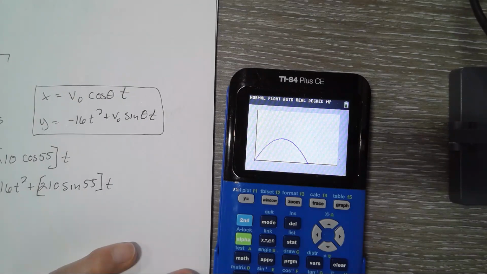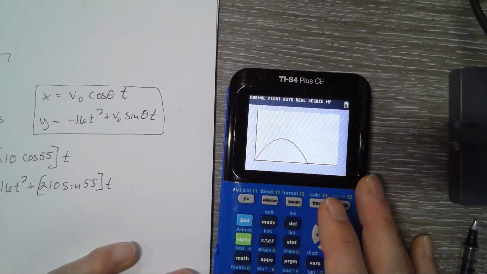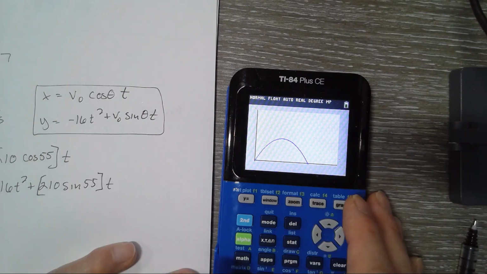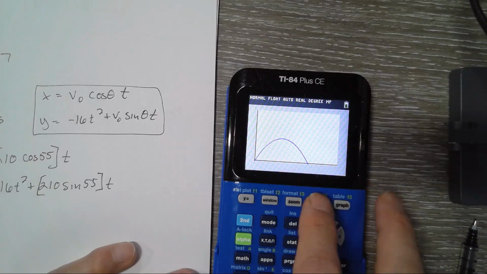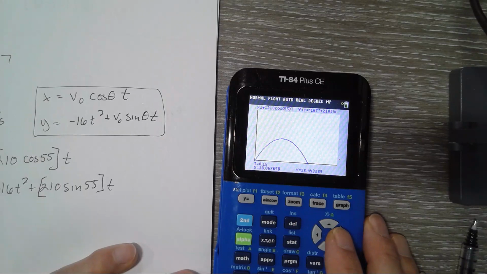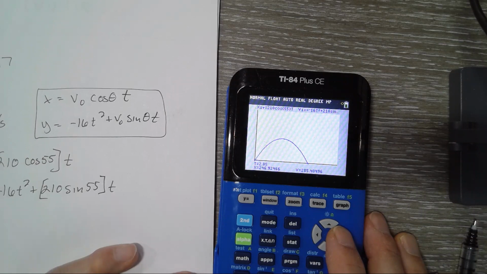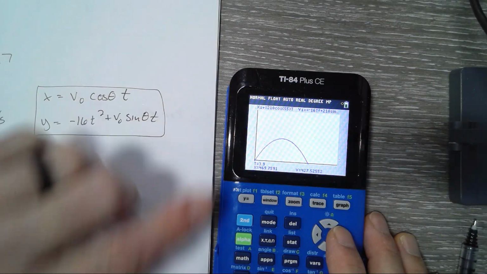So all of the questions can be found analytically, especially using calculus, but for right now we're just going to let our calculator do the work. So I'm going to hit trace, and we're going to find the maximum height. You can see this is 2 seconds, 3 seconds, 4 seconds.